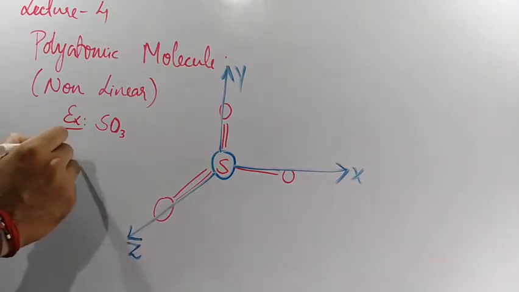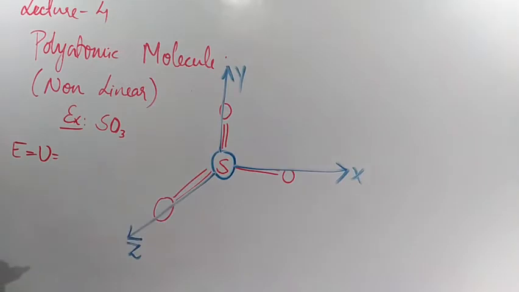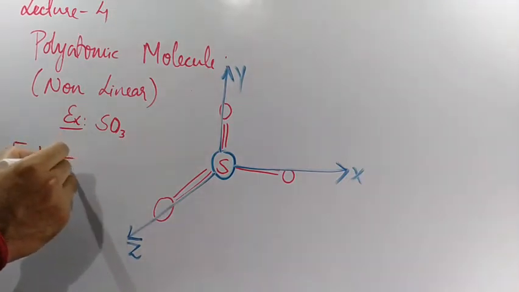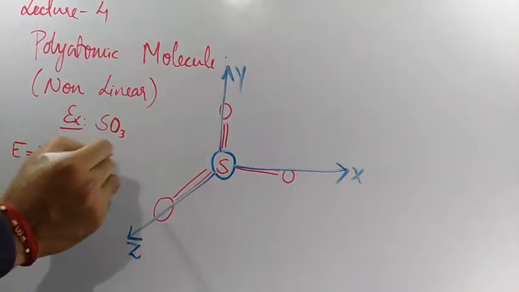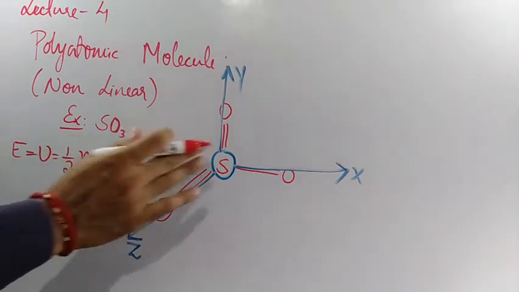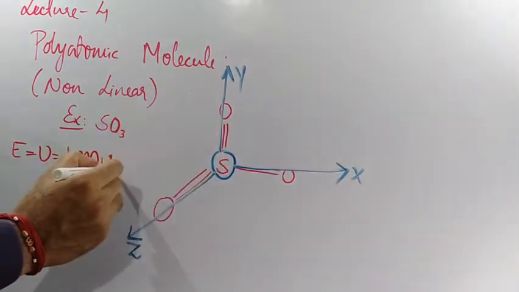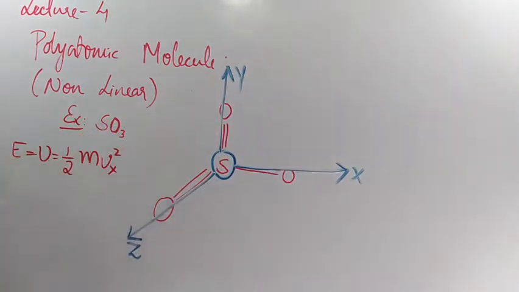Now you tell me, if it is moving along the X direction, what formula should I write? Come on. Half m, velocity in X direction, Vx square.